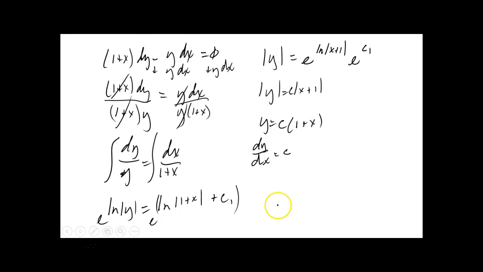If we had rewritten this, that would have been dy dx is equal to y over 1 plus x. Which is not the same as C. So this is, oh, well, it sort of is. C is equal to y over 1 plus x. Yeah, it is. Okay. So yeah, rather strange, but true.